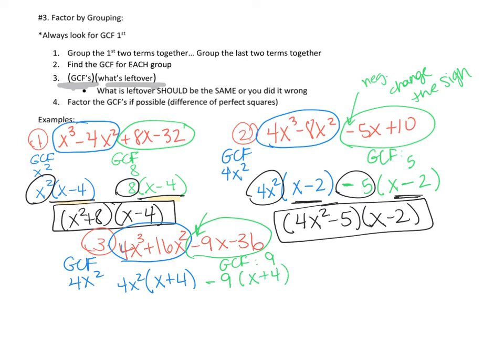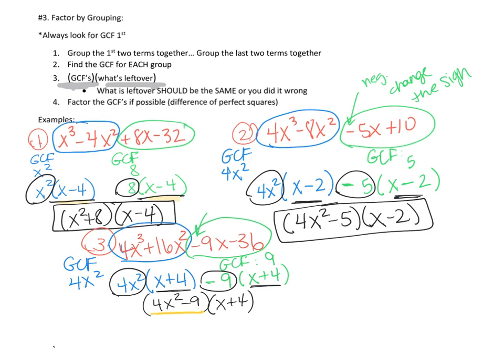All right, so now I go to write my answer. I would take my GCF. I'm going to have 4x squared minus 9. And then my leftover, or my match, which would be x plus 4. And you're thinking, okay, great, I'm done. Well, not really, because now when I look at this, I have to remember that there's more than one way to factor. Look at this first term here, 4x squared minus 9, we just looked at that. That's the difference of perfect squares.